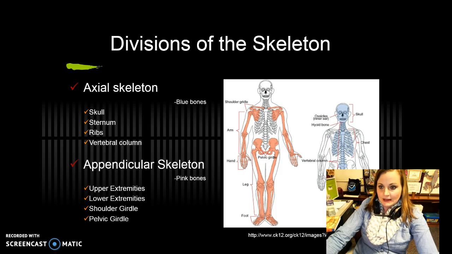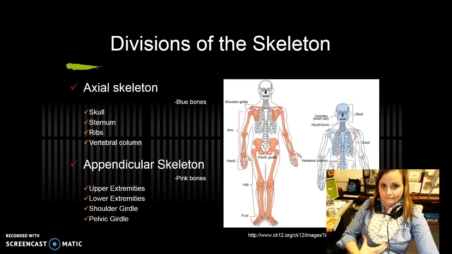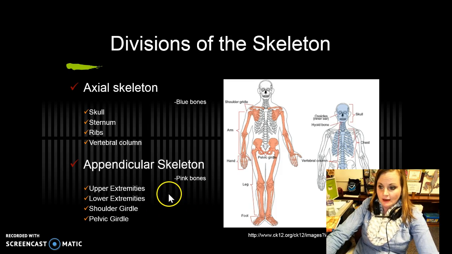The axial skeleton is the main area right here, your skull, your vertebrae, your rib cage, and appendicular is everything else. So everything that's kind of an appendage to that.